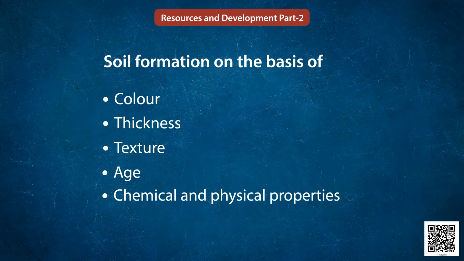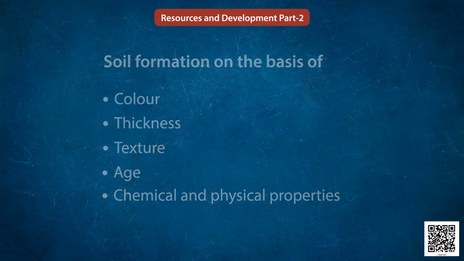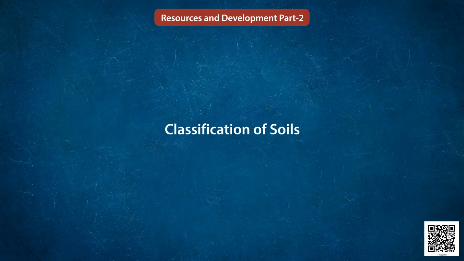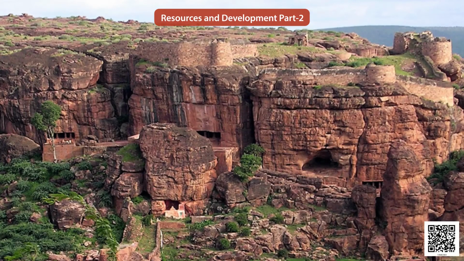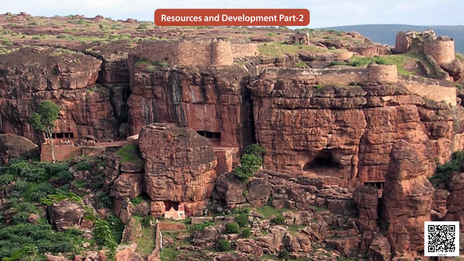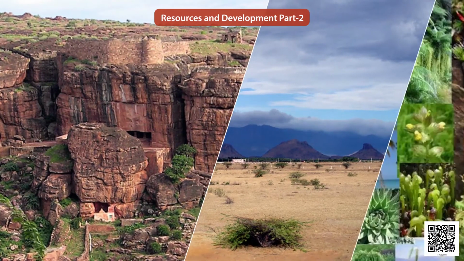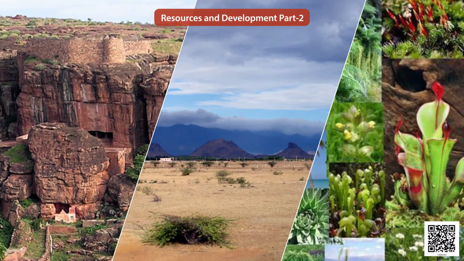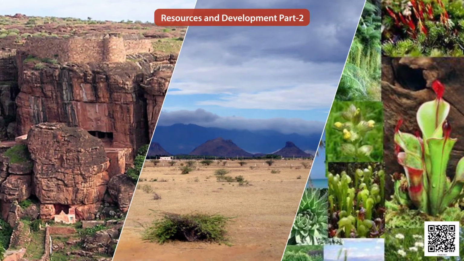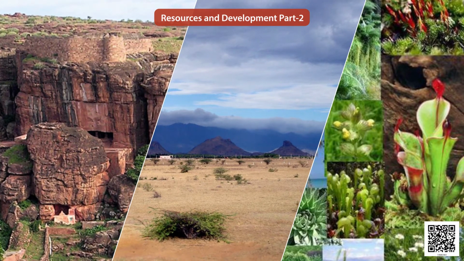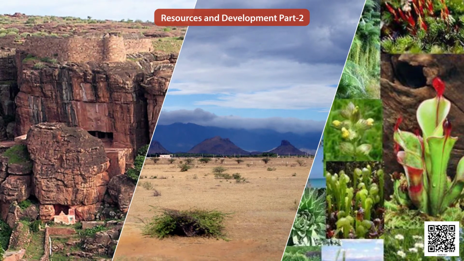On the basis of factors responsible for soil formation, color, thickness, texture, age, chemical and physical properties, the soils of India are classified into different types. Classification of soils. India has varied relief features, landforms, climatic realms, and vegetation types. These have contributed to the development of various types of soils.